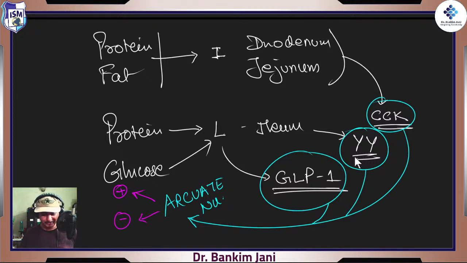Who should be inhibited? Who should be stopped? Obviously, we'll stop someone who is telling us to bring food. So we'll write this L, that means lateral hypothalamic area. That should be inhibited, and we should now start appreciating that good food. So say wow. And the ventromedial nucleus would be stimulated.